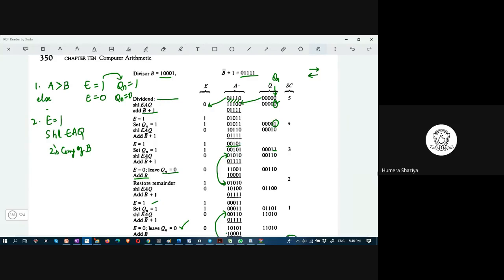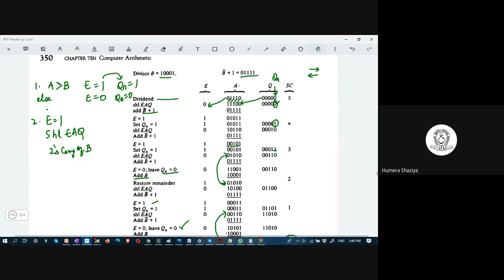Because E is 1, Qn is set to 1. And this is the second cycle. In the first cycle, you have shifted and you have subtracted. Add B bar plus 1 is equal to subtraction. Shift and subtraction you have done.